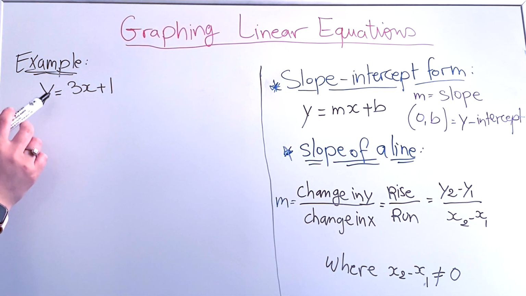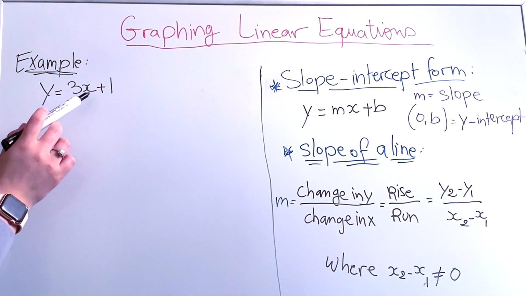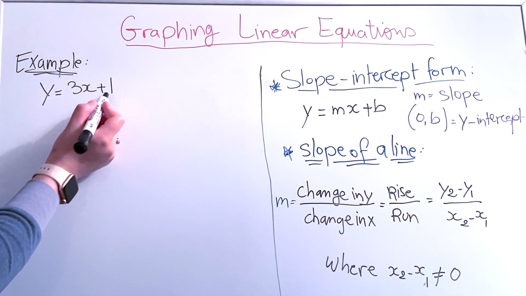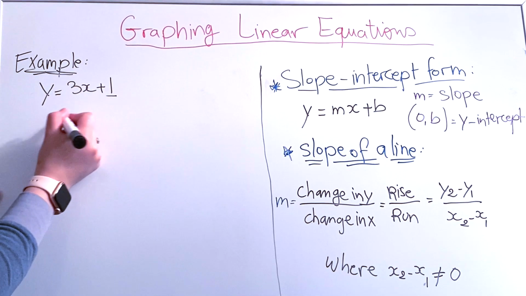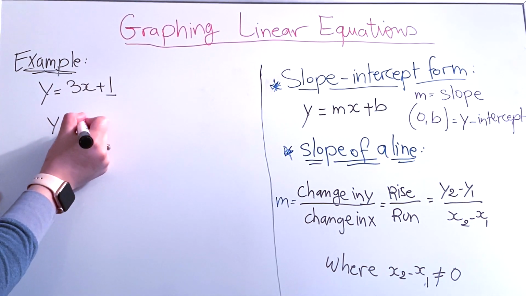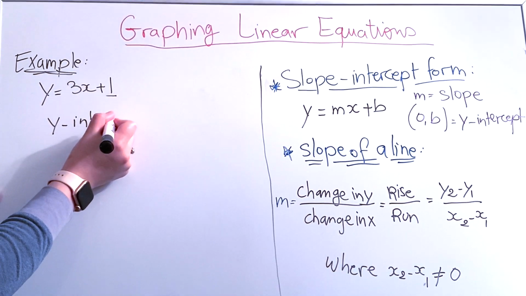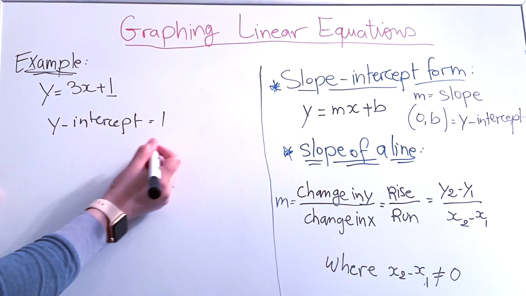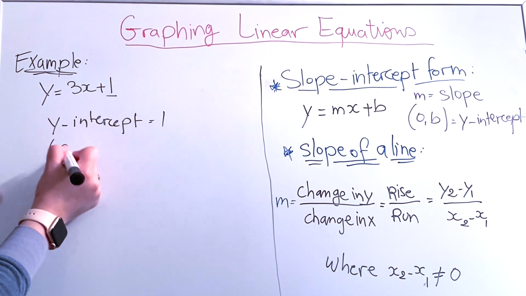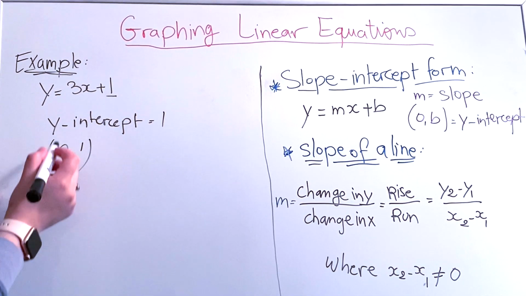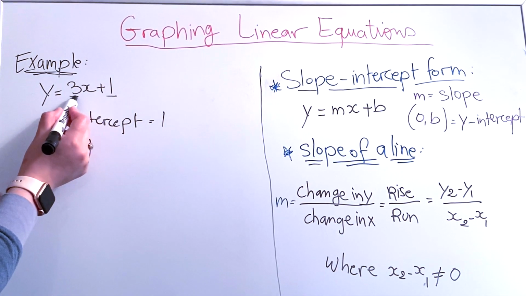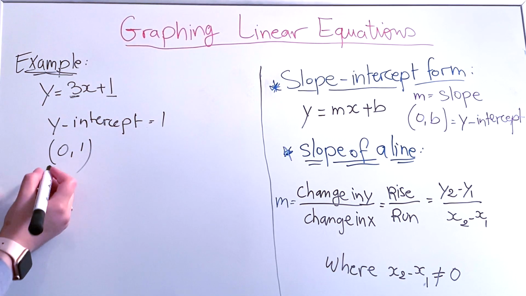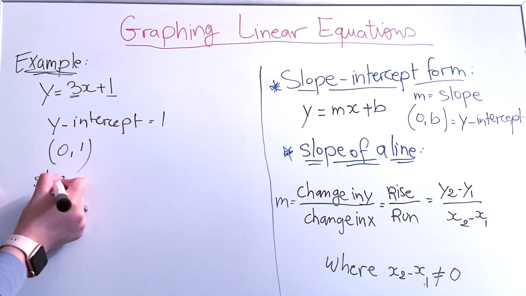For example, we have y equal to 3x plus 1. From the equation, we can tell that the 1 is equal to the y-intercept. So the first point is (0, 1), and we know the slope is the number before x. So the slope here is equal to 3.